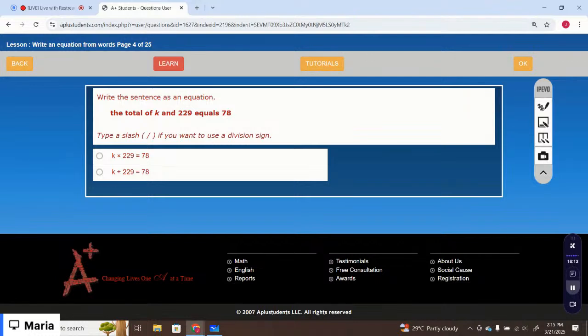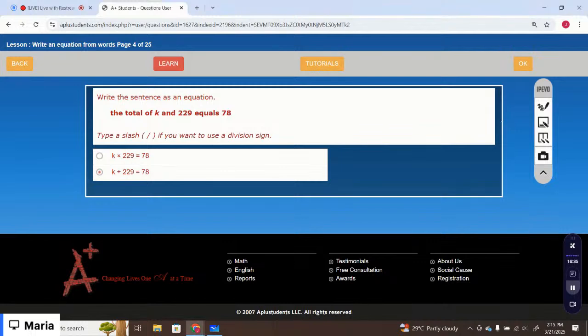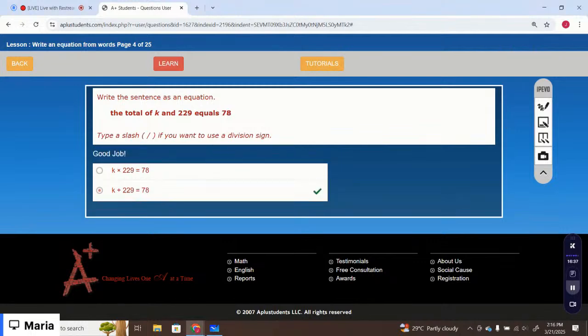Write the sentence as an equation. The total of k and 229 equals 78. Total means you need to add. That means k plus 229 equals 78. Option number 2 is the correct option.